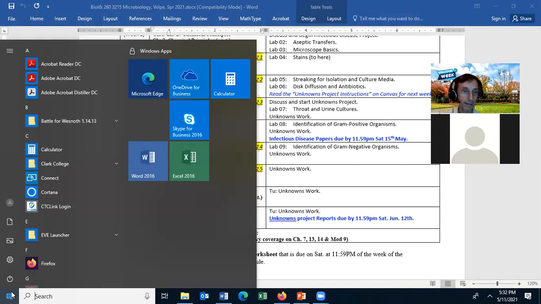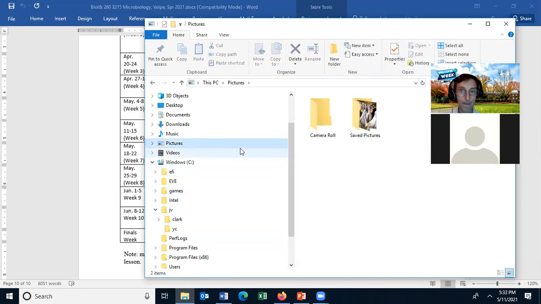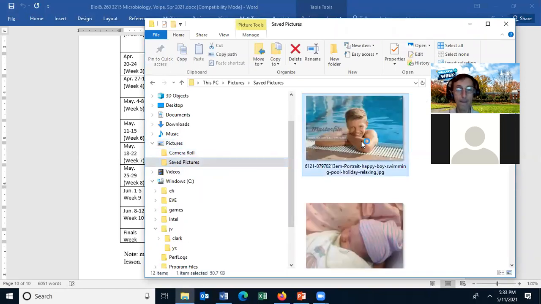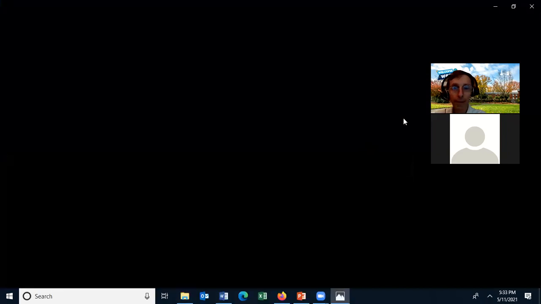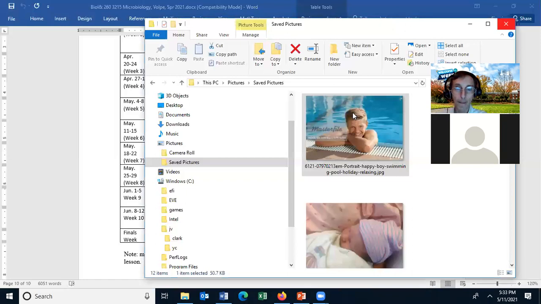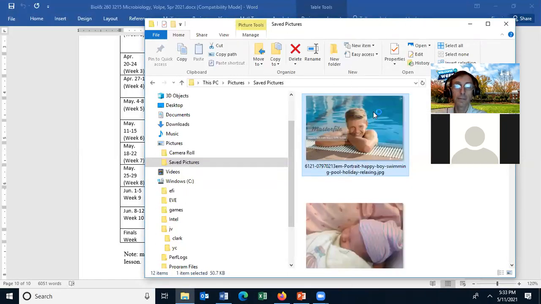I'm not seeing paint here. That's not going to be paint. Just a minute. There we go.